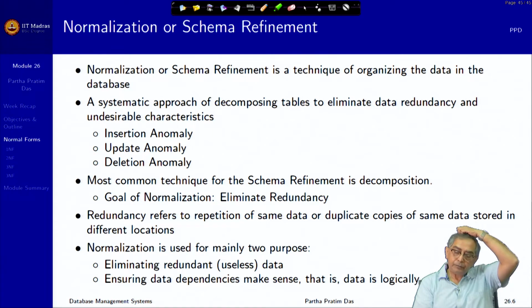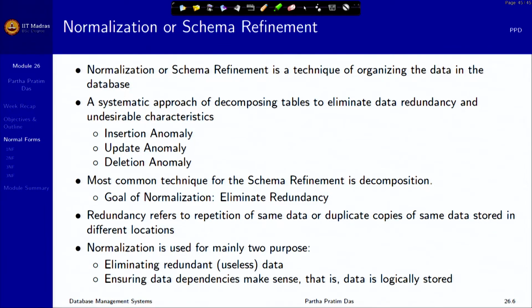Now, we have already discussed the reason we need to normalize: normalization gives us good decomposition. Good decomposition gives us minimization of redundancy. Minimization of redundancy means removal or minimization of anomalies.